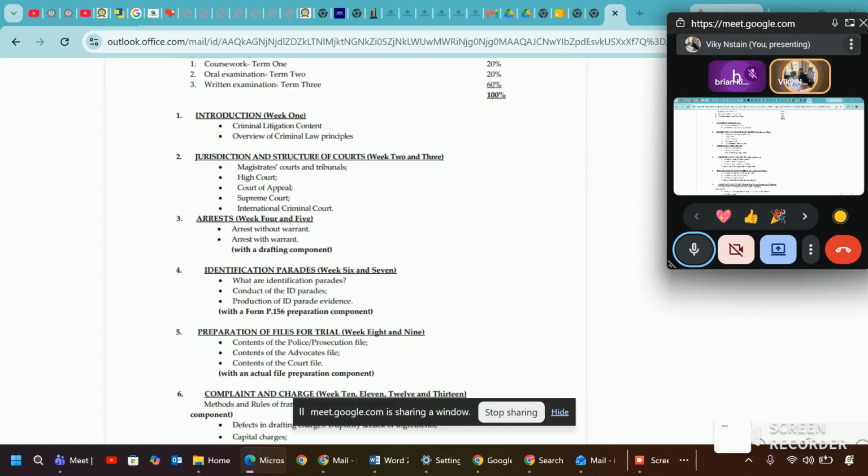Where there is recognition, that will be an exception, because let me read to you a certain element before we jump into the analysis, so that you can understand the difference between recognition and where the ID parade will be necessary. And also we touch on block identification briefly.